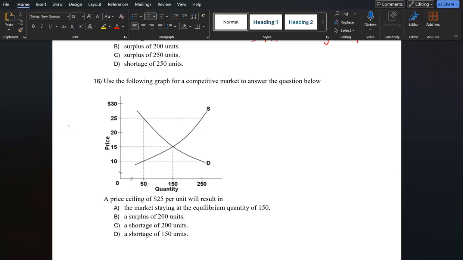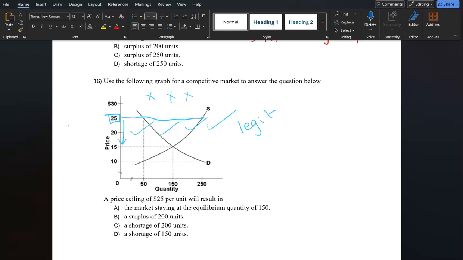Like this question, price ceiling of $25. Anything above 25 is not legit. Anything at 25 or below 25 is legit. At $25, there is a surplus.